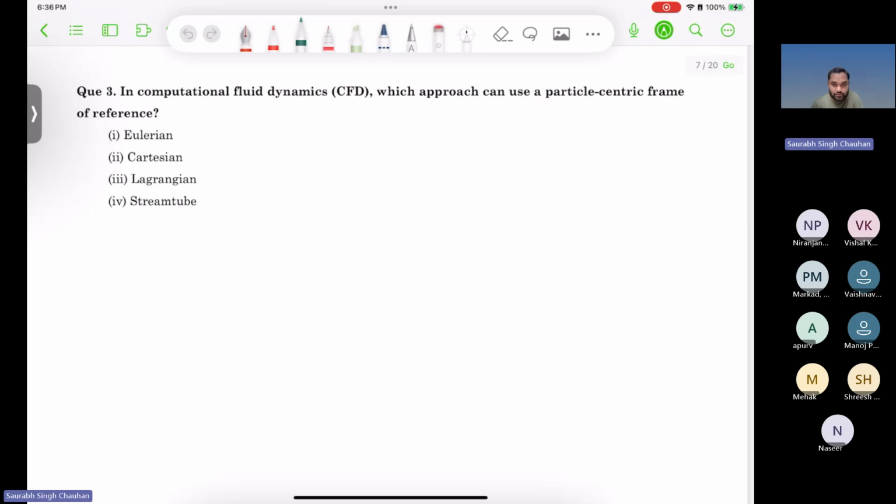Okay. Now coming to question number 3, it says that in CFD, which approach can use a particle centric frame of reference? So this is your fluid dynamics, right? So there are many approaches like the Eulerian approach and the Lagrangian approach. What is the difference between the Eulerian approach and the Lagrangian approach?